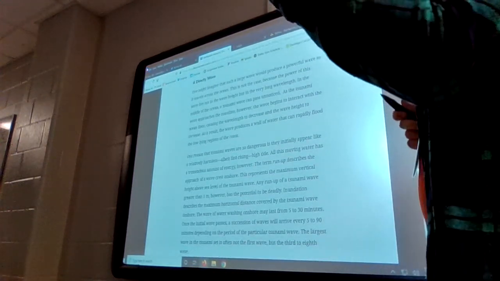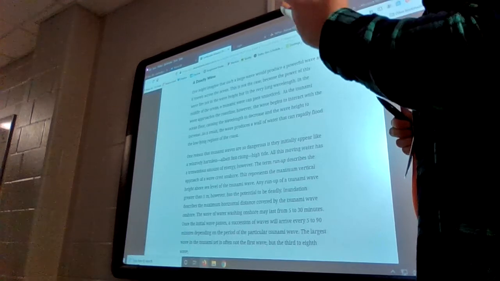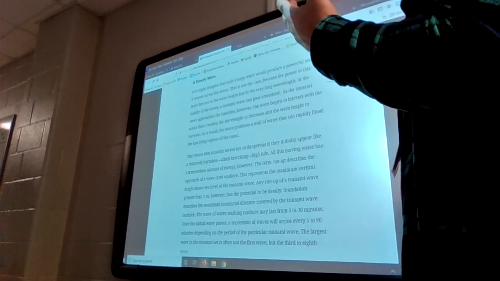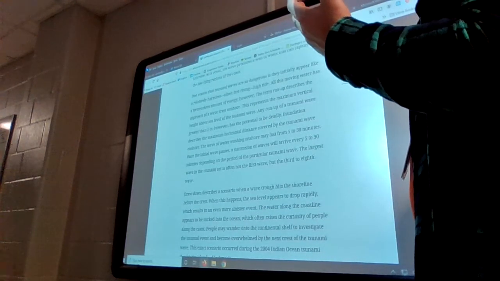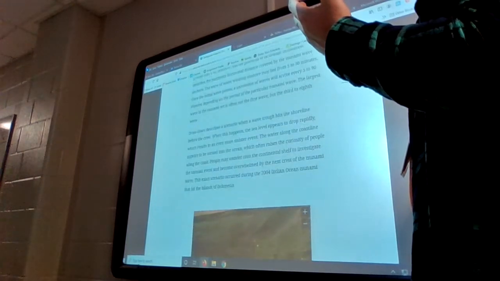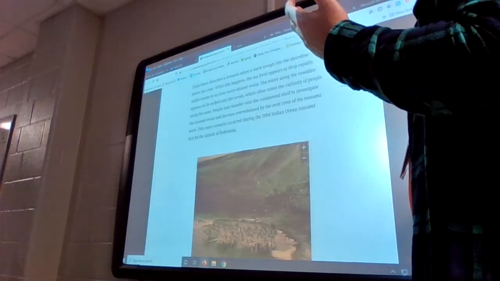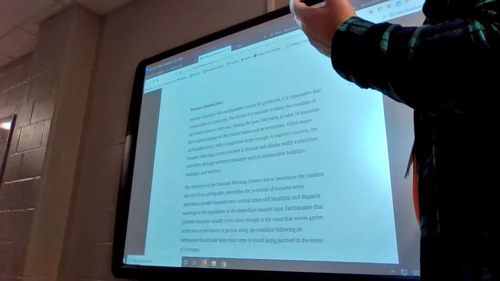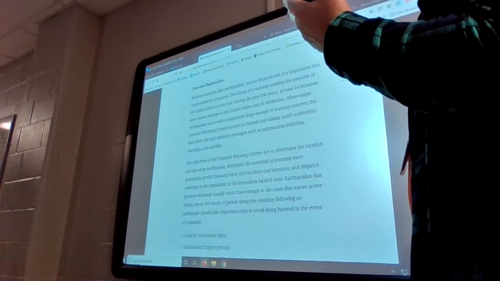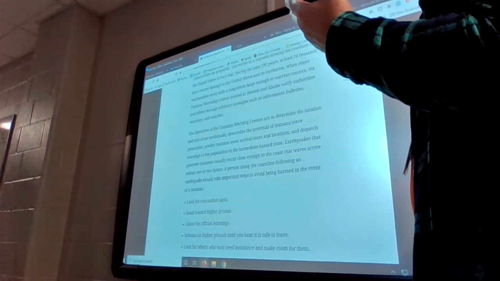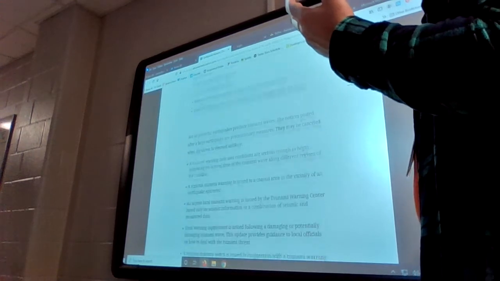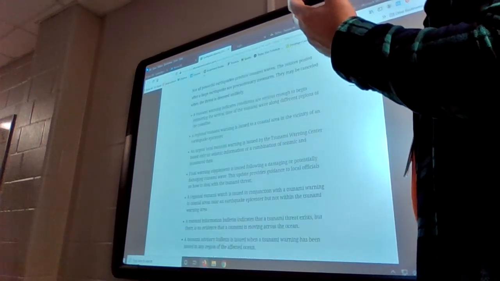So some of the secondary causes of destruction, let's see what they go through here. Draw down along the coastline. Here you go. Tsunami destruction. So they got warning signs.